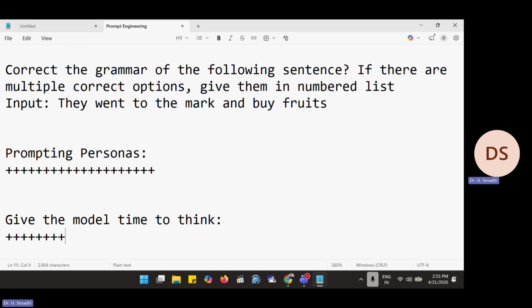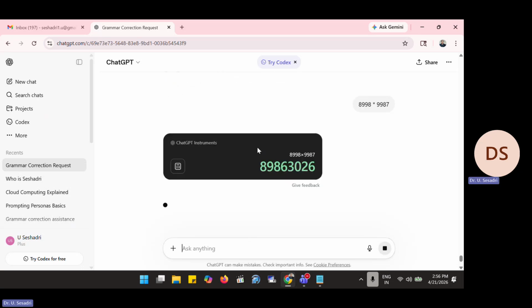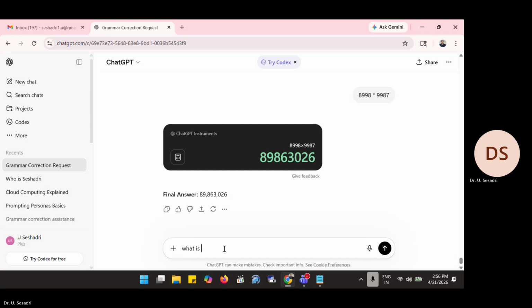See, with this I can show that when you give the input to GPT, like I have given, 8998 multiply 9987, it provides the result directly, the multiplication of these two numbers. Instead of that, I give the input: what is 8998 multiply 9987?